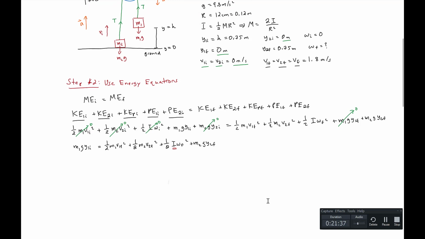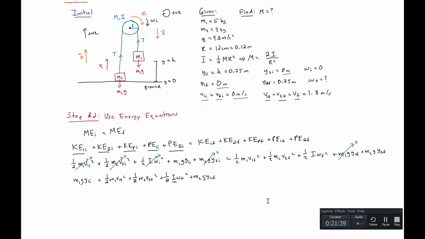So going back above, we do have m1. We do have m2. We do have g. We do have the initial height.